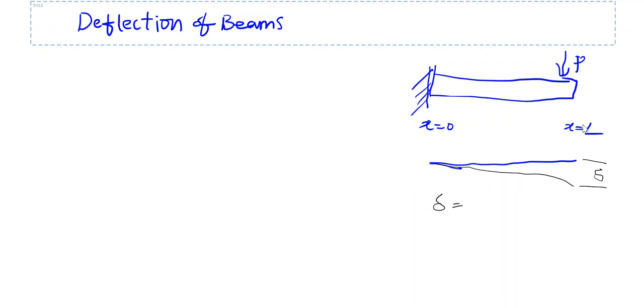this magnitude of delta depends on the magnitude of the load we are applying, that is P, and it also depends on the length of the beam, that is L. And the deflection depends on the material which it is made of.